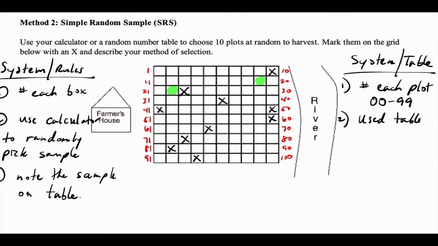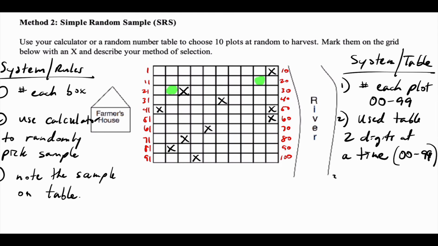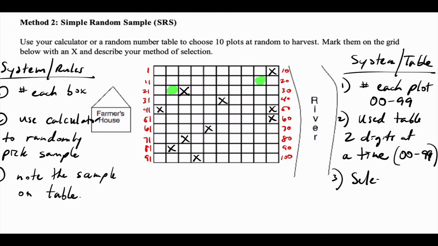Use table 2 digits at a time, 00 to 99. Selected first 10 digits. I selected the first 10 digits. The first 10 numbers, those are the ones I selected.